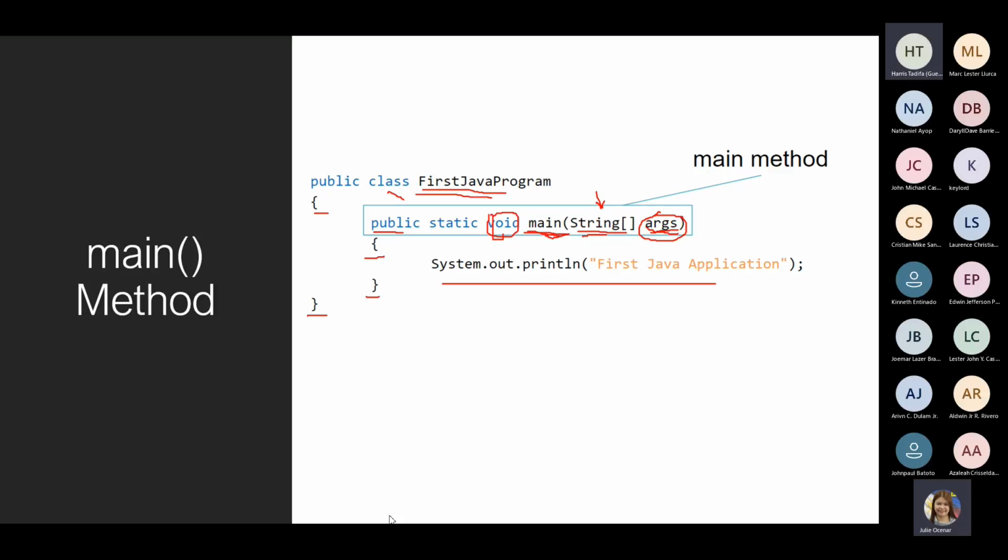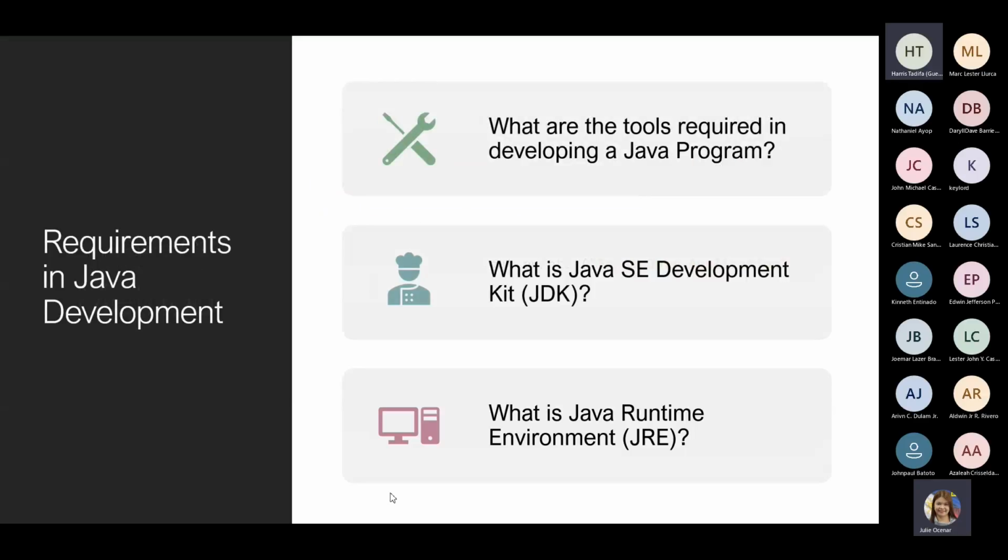Okay, and then we have here the requirements in Java development. Kanina we are using the programmist.com, diba? If you want to do it one by one talaga, not using the browser or the programmist.com, ito yung mga kakailanganin natin.